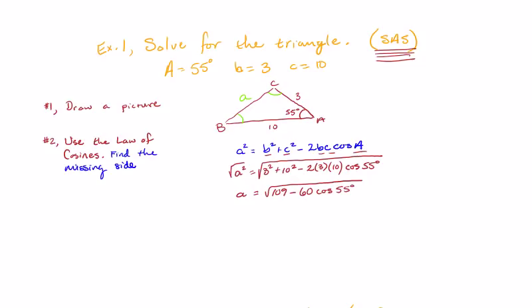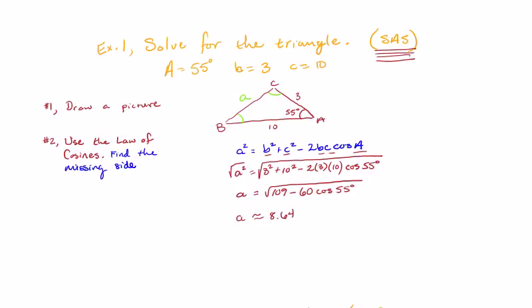Please do not try to subtract 109 and 60. That is out of order, right? So from there, I just plug the rest into my calculator, and I'm going to round to the nearest hundredth. Make sure your calculator's in degrees. And I got 8.64.